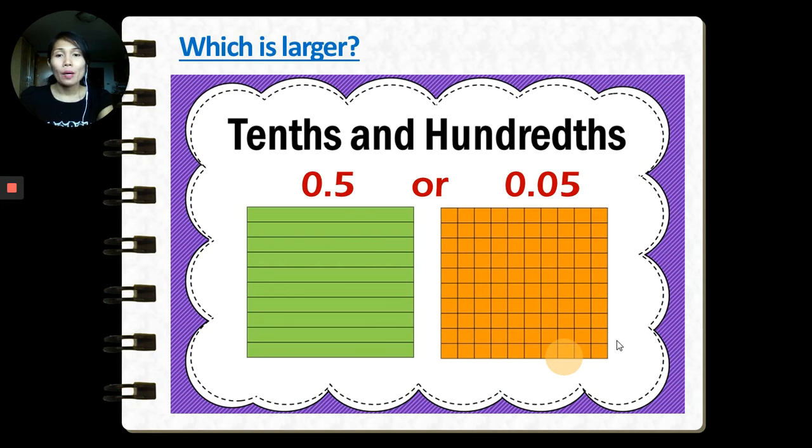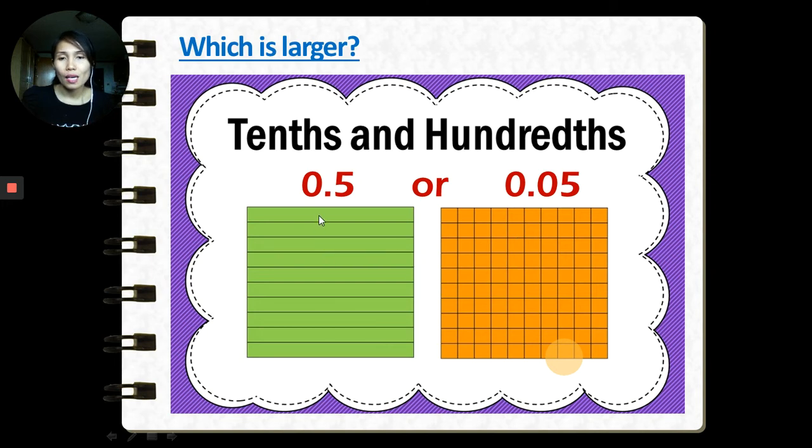Okay, so here, 0.5, remember 5 is in the tenths place and 0.05 is in the hundredths, right? So here, you see on the figure, this is tenths and this is hundredths. Divided into 10, divided into 100.